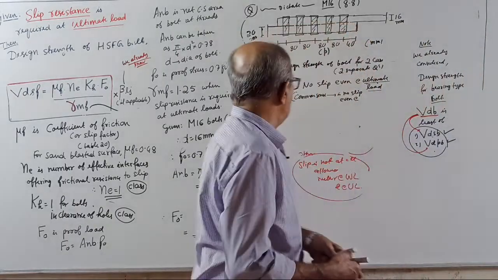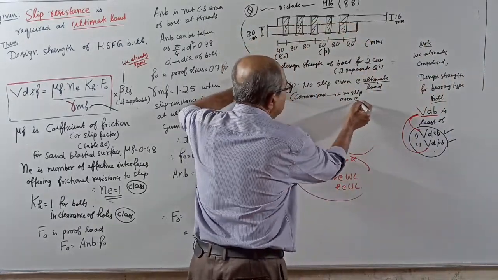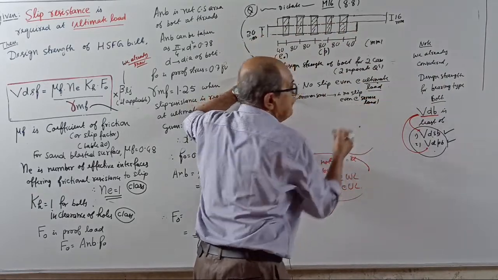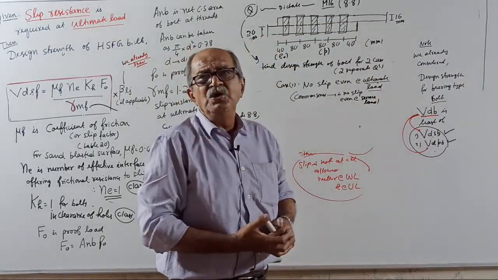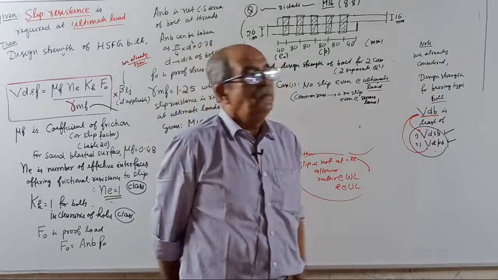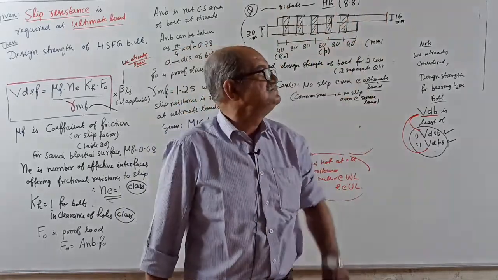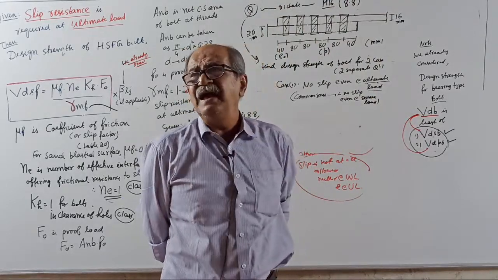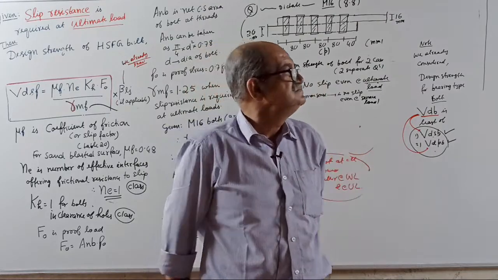No slip at ultimate load means no slip at service load also. See, for example, from Bangalore you are going to Mysore. Mysore is the ultimate point. In between is Mandya, an intermediate stage.